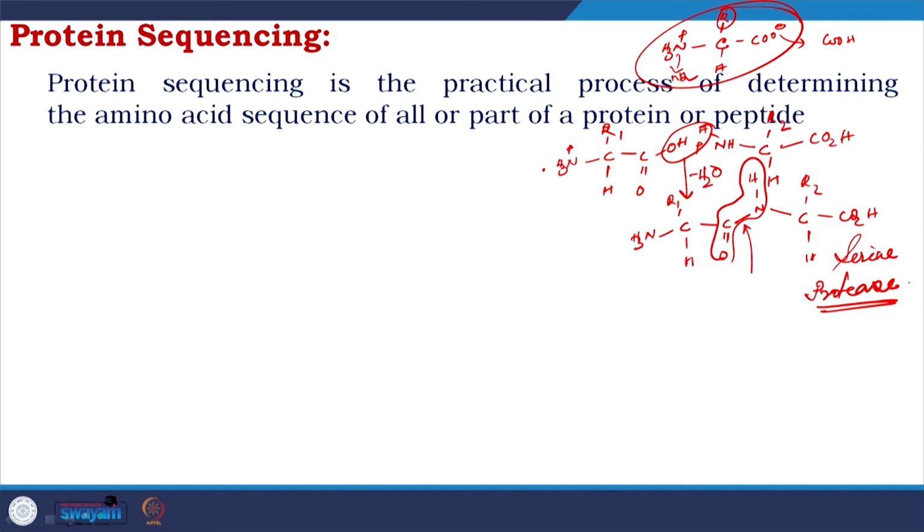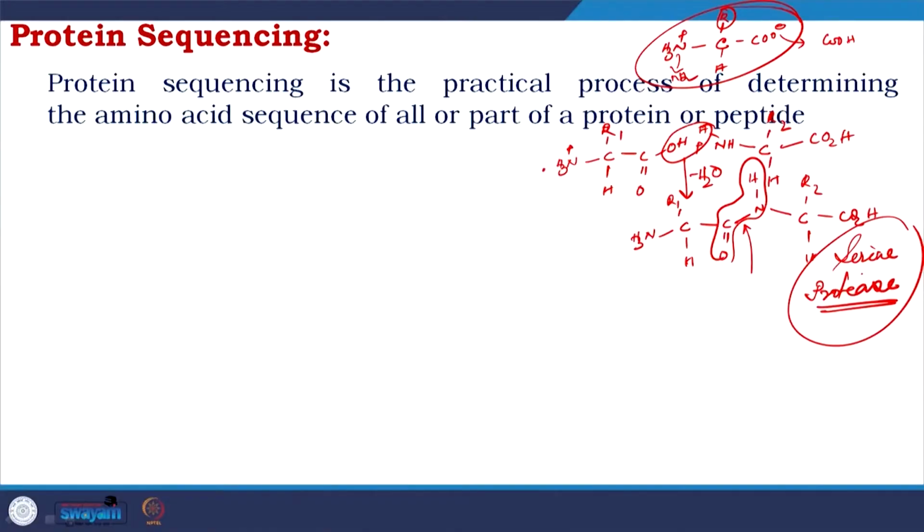Even among serine proteases there are trypsin, chymotrypsin, elastase, a lot of them. For each of these enzymes, they have different specificities. So, again you have to use a combination, and when you have to make a combination, this is costly.